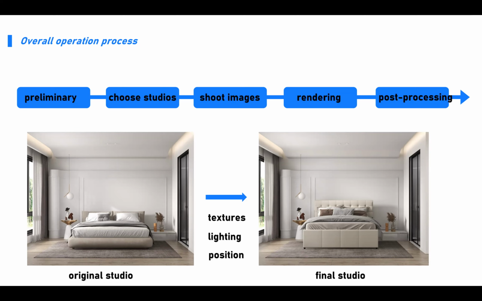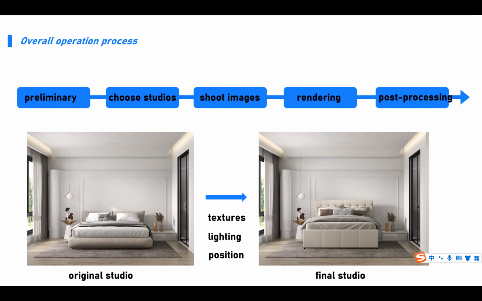We must choose the models which we want to do the Photo Studio shooting with. Then we need to choose the appropriate studios, and in the meantime we can shoot the images or videos and then do rendering.